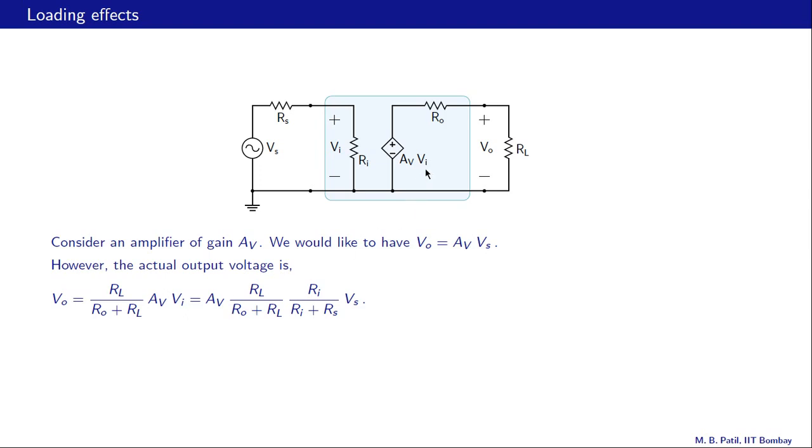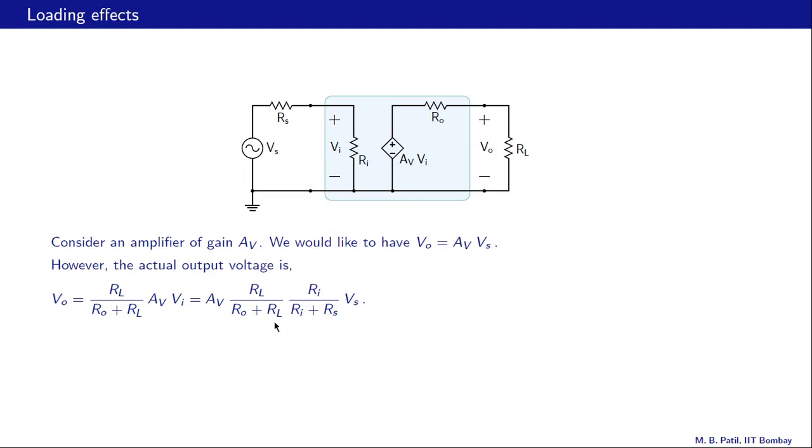Also this VI, the voltage across the amplifier input terminals, is not quite Vs, and again there is a voltage division here. So it is Vs times Ri divided by Rs plus Ri. So the net VO is given by this expression here.